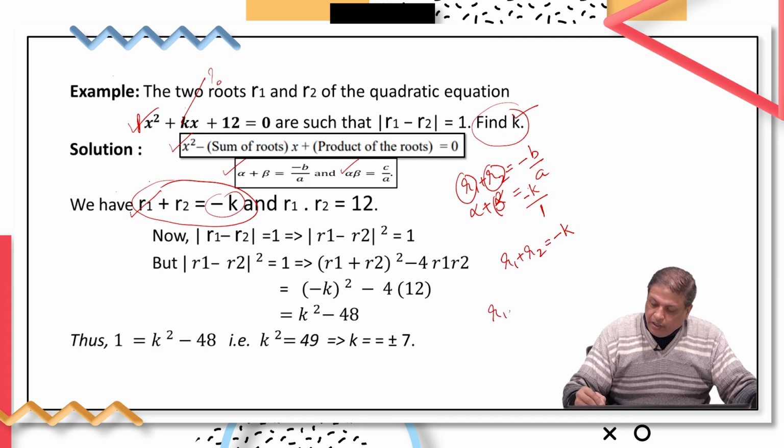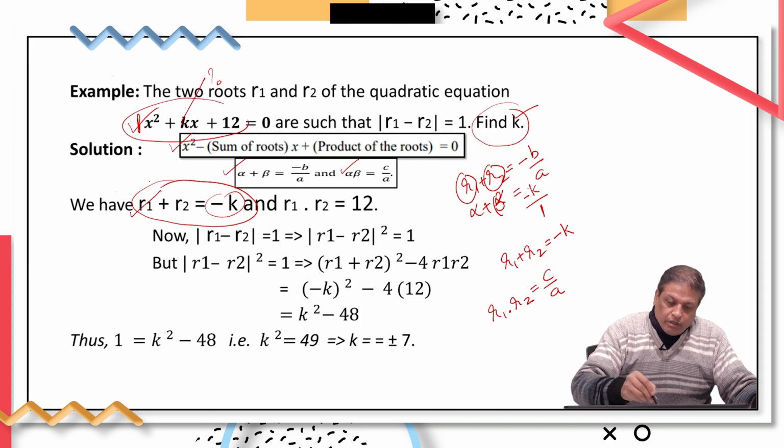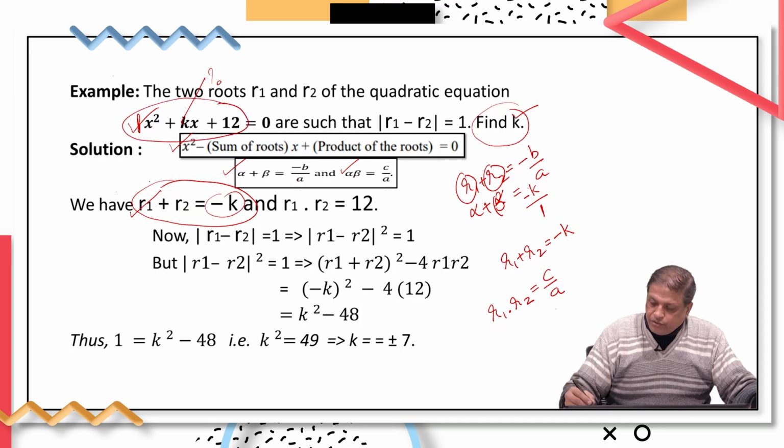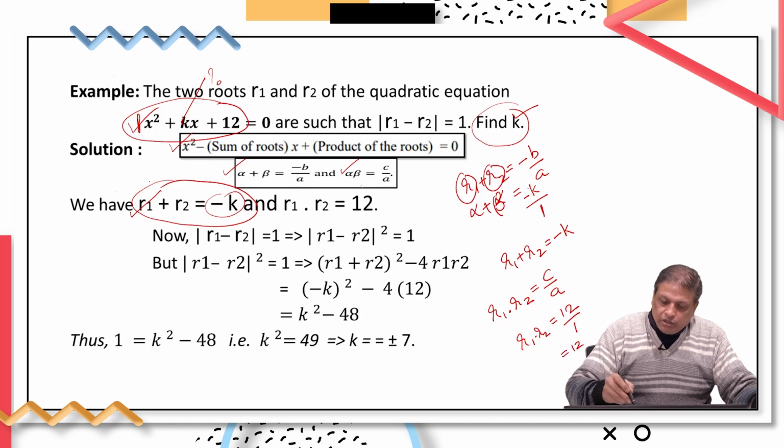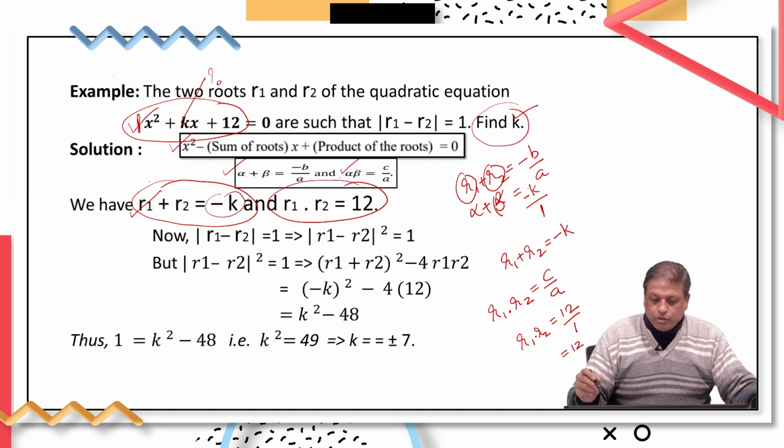Similarly, r1 into r2 is c by a. In this equation, what is the value of c? c is 12, and the coefficient a is 1. So, r1 into r2 is nothing but 12. So, this is how we get r1 into r2 is equal to 12 and r1 plus r2 is equal to minus k.